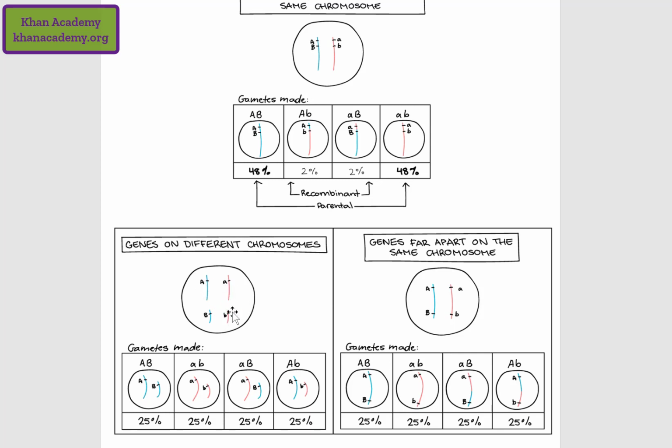It's not a result of crossing over that these gametes have the alleles big A, little b. Whereas the gamete here on the right that has a big A and a little b is due to crossing over.